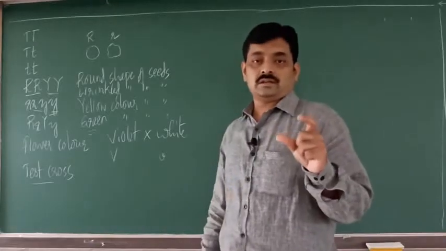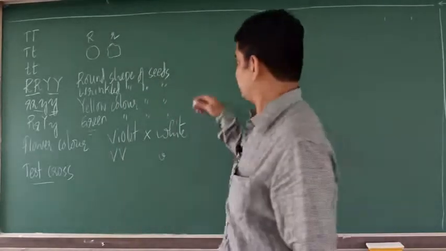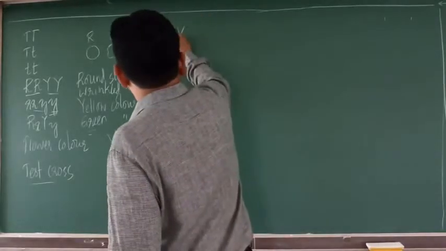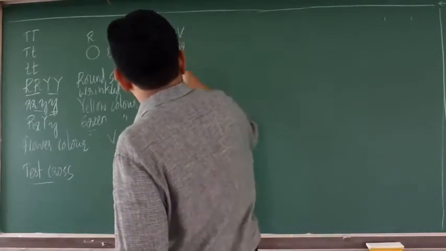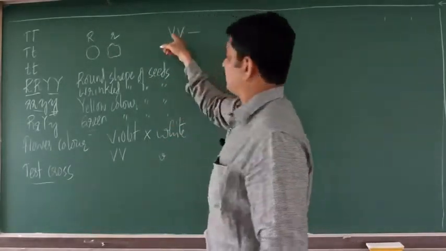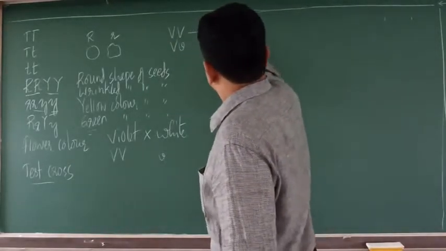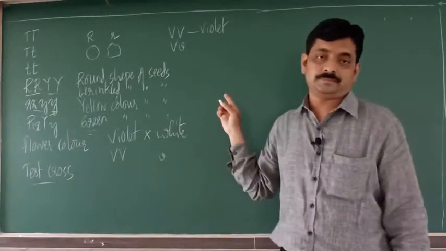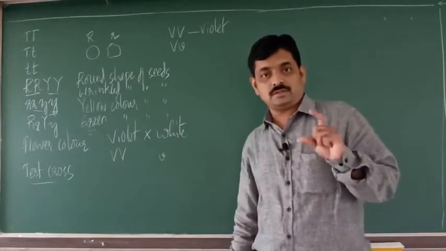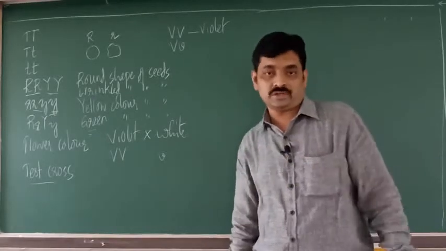In case of violet color, there may be this condition, capital V, capital V. A pair of dominant genes. So the phenotype here will be violet. I think you have seen the violet color. When you mix blue with pink, you get violet.